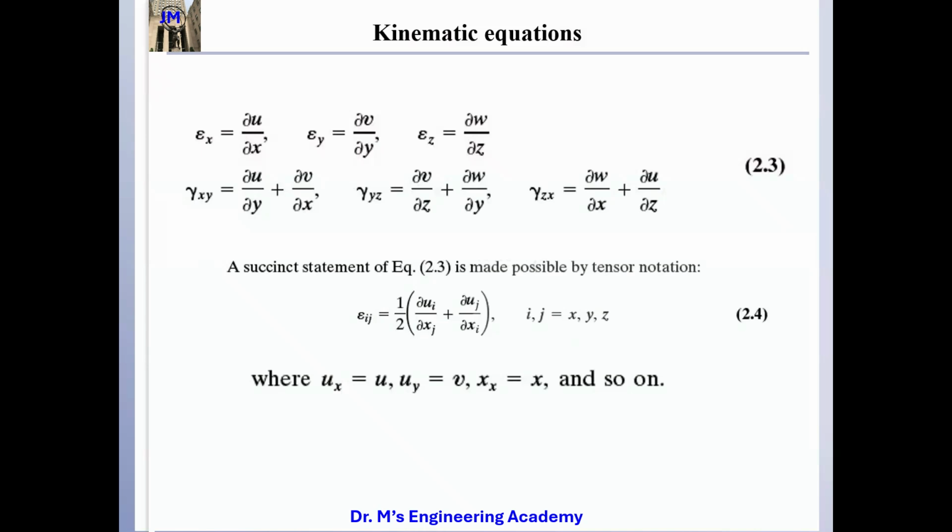So x1 corresponds to our x, x2 corresponds to our y, x3 corresponds to our z. We only use sigma, we do not use tau for shear. So this is Einstein notation. If you are okay with this one, this one equation can accommodate all these 6 equations if you use the Einstein notation.